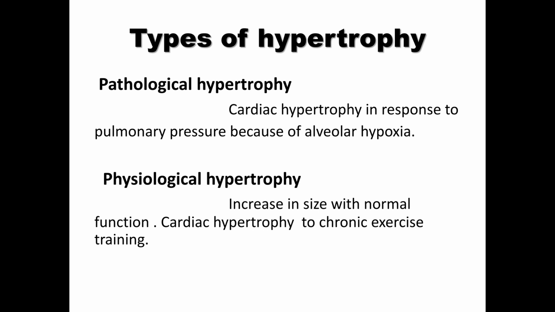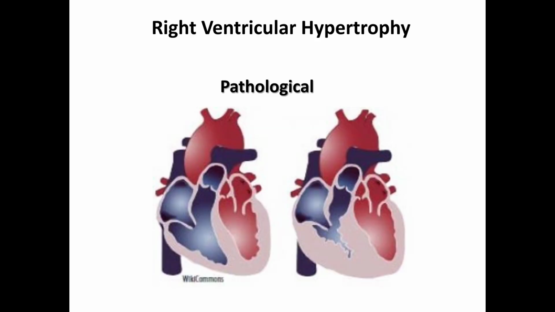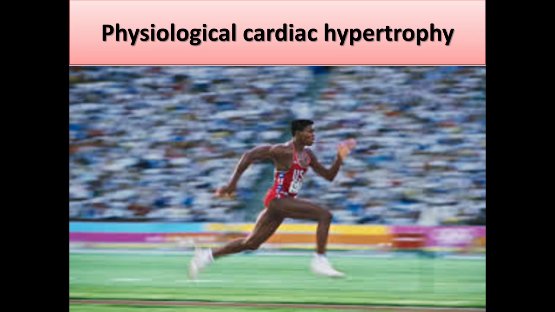Sometimes you see athletes, because of their daily exercise and training or hard activities, they undergo cardiac hypertrophy, they undergo muscular hypertrophy, and of course, these are all normal. With normal functioning, you see a very muscular athlete running, so you must have a physiological cardiac hypertrophy, but they still look very healthy, of course, healthier than me.